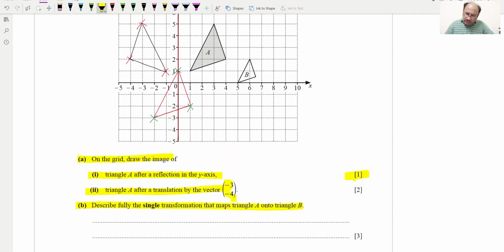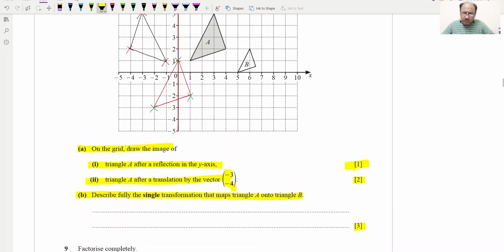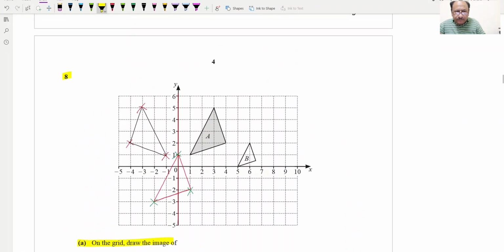Then they are saying B part, describe fully the single transformation that maps triangle A onto B. So triangle A onto B, the previous part was 2 marks, so this is 3 marks. A onto B, we will be joining the vertices like this one, and the other vertices also we can join like this one, and these are joining at a point.